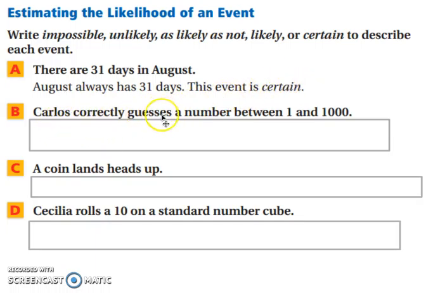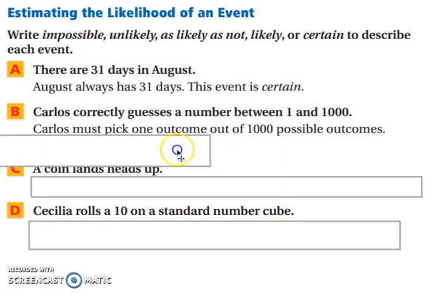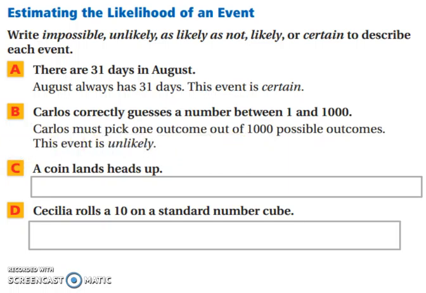Carlos correctly guesses a number between 1 and 1,000. Is it possible for him to guess a number between 1 and 1,000? Yeah, so it's not 0, but how likely is it? Not very likely. So it's unlikely. A coin lands heads up.